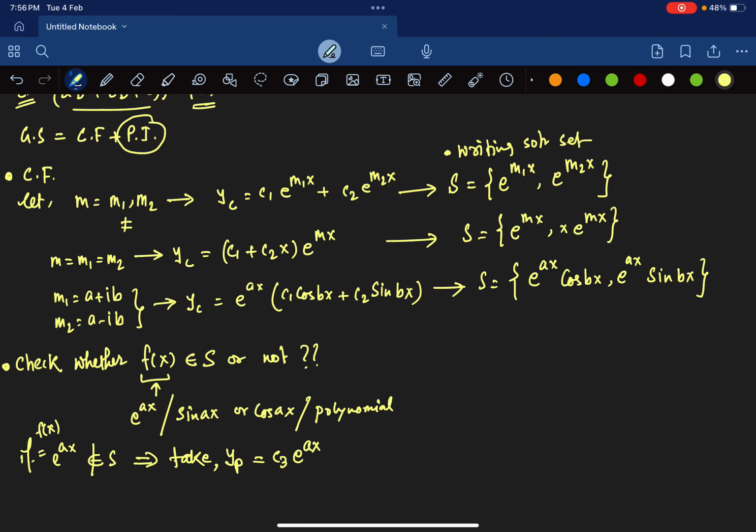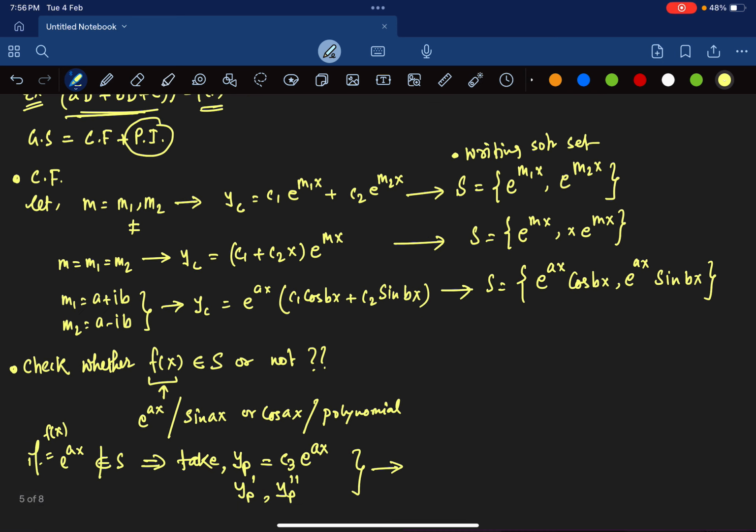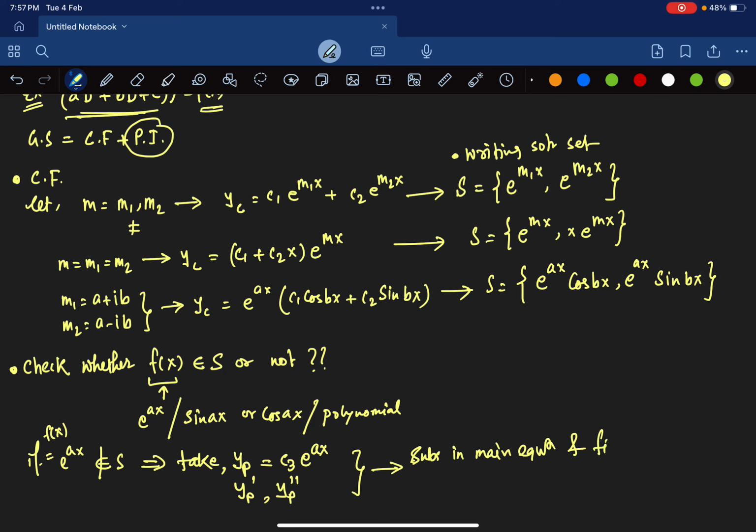Once you take this yp, immediately yp dash, yp double dash, all these things you need to calculate, and you will substitute in the main equation. Main equation is what? This is the main equation. Substitute in the main equation and find the value of this c3.